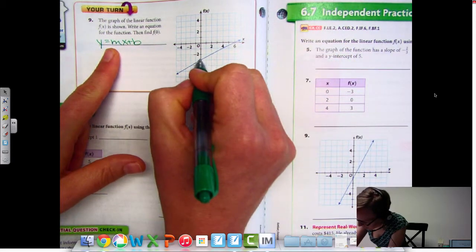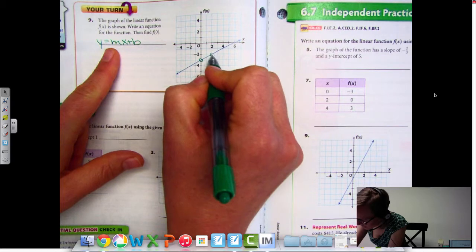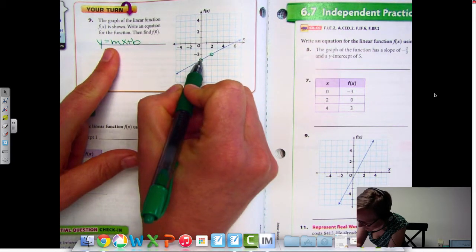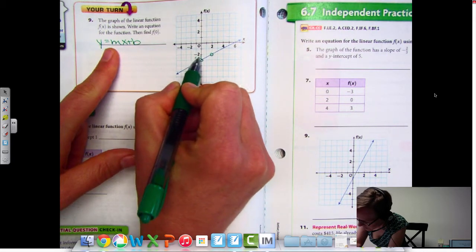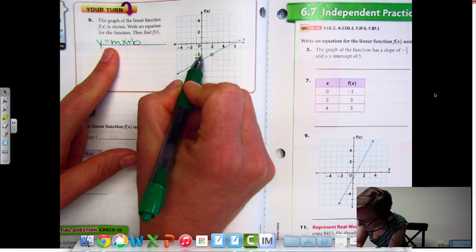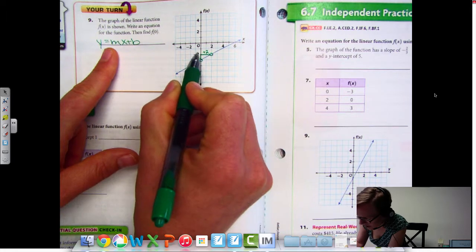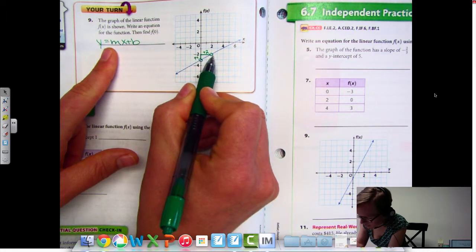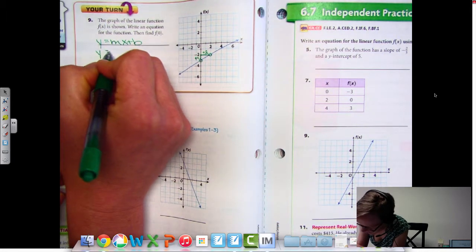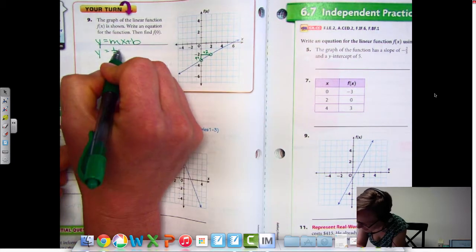If I count from a perfect point to another perfect point, I would go up 1, which would be positive 1, and then to the right 2, which is positive 2. So the rise over the run would be 1 over 2. So my y is 1/2 x.